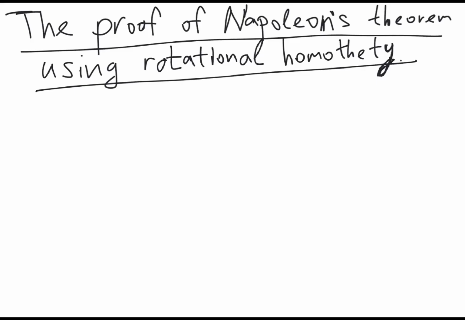Okay, so in this video I'm going to talk about the proof of Napoleon's theorem using rotational homothety. In the previous video I proved Napoleon's theorem, but the proof was based on the construction of the first Fermat-Torricelli point of a triangle, and finally the proof was using the angles.